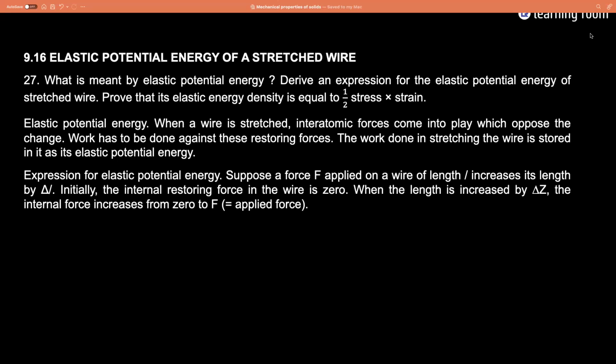There are three things we are going to see in this topic. One, we will see what is elastic potential energy in the first place. Second, we will derive an expression for the elastic potential energy of the stretched wire. And the third is we will find the energy density of the stretched wire.